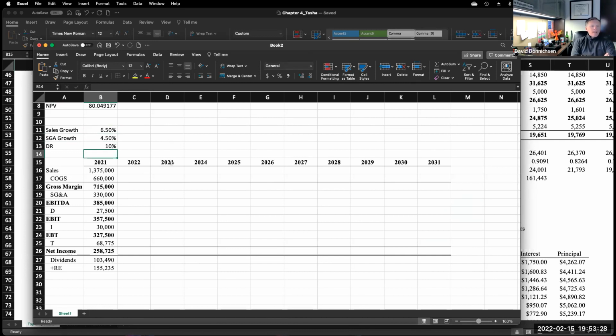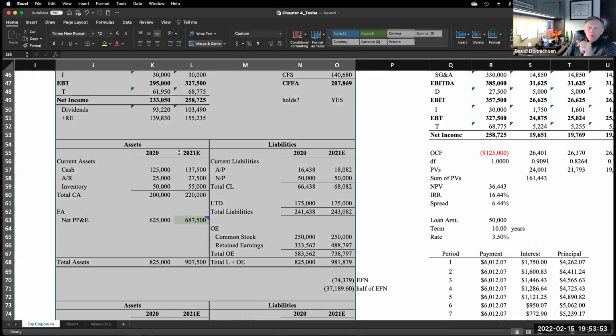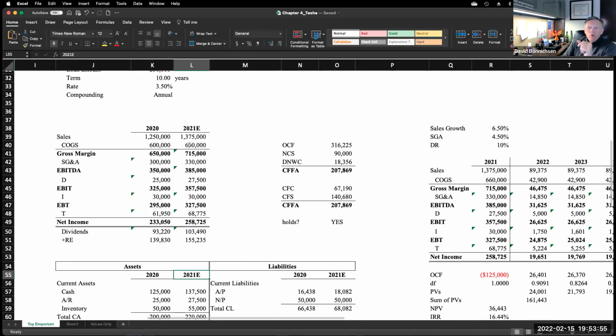So now we're looking at Tasha's business through the lens of the project. Okay. The project is going to deliver some incremental value added over what the firm did last year. Okay, so when we grew the sales and we grew COGS and we grew SG&A in the first part of our questions, we took 1 plus the growth rate because that gives us the total firm value.